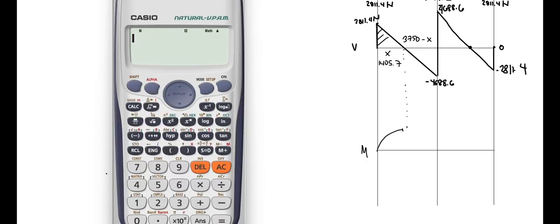Now to solve for the moment diagram, we add up these areas here to get the point of maximum moment, which is found at this point of zero shear. So we have 1/2 base times height of the triangle, which is equal to 1.98 times 10 raised to the power of 6.